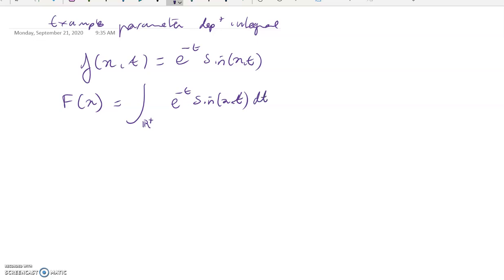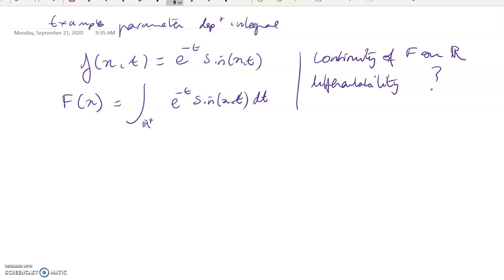So I want to study continuity of capital F on, let's say, R for all values of x, and differentiability. Right, so let's see what we can do.